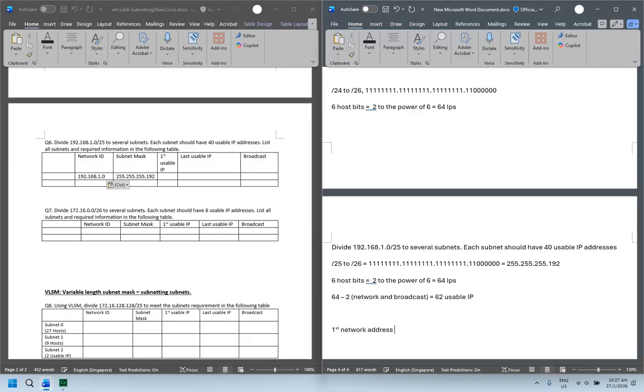Our first network address is 192.168.1.0. Our second network address will be equal to 192.168.1.0 plus the total IP addresses, in this case 64.